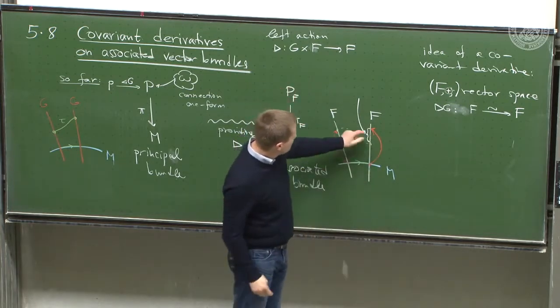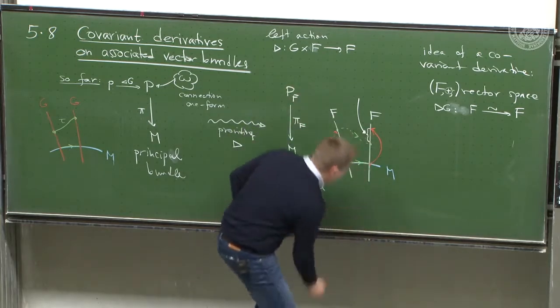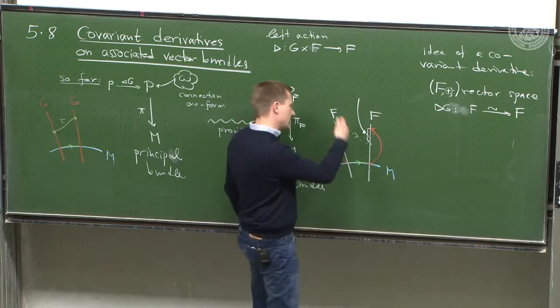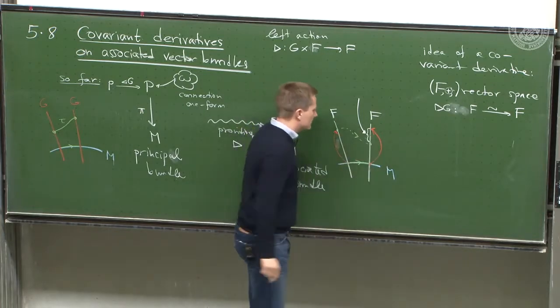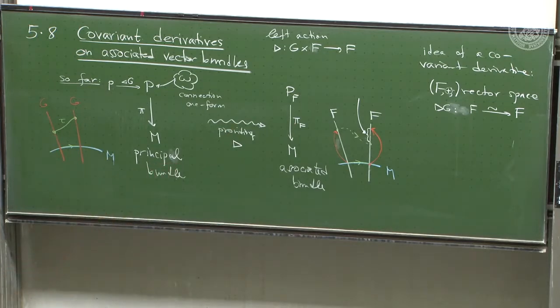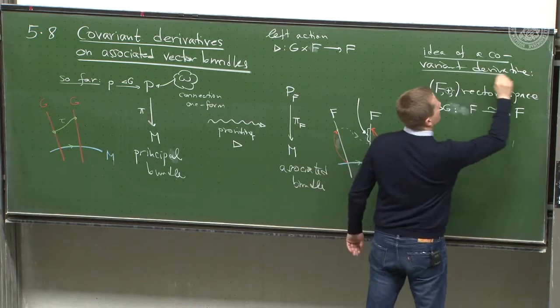Okay? And then we see this difference, and then we can construct from this difference and how far we traveled here, well, in parameter space and taking derivatives, you know how that works, we can construct a differential quotient, and in this way we can construct a covariant derivative. So that's the idea of a covariant derivative.